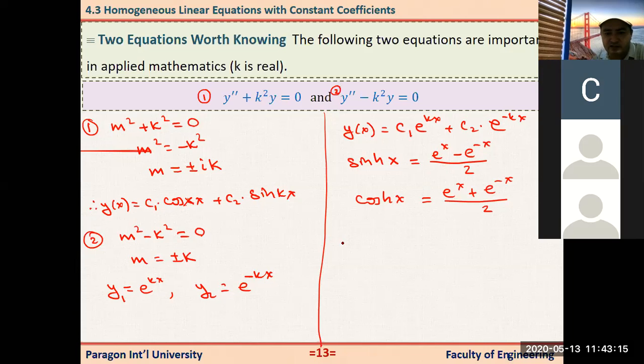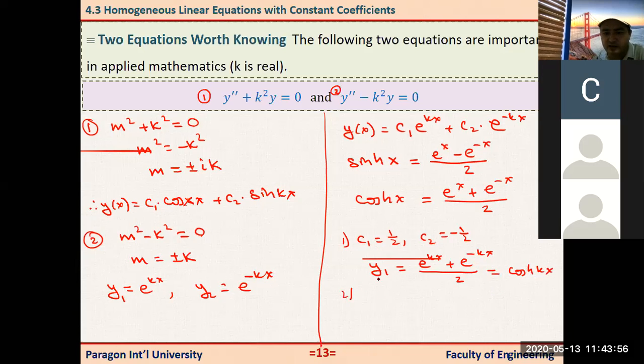In the first case, if I choose one of the solutions, for example c1 equals 1 over 2 and c2 equals 1 over 2, we get one particular solution: e to the power kx plus e to the power minus kx over 2, which is equal to cosh kx.